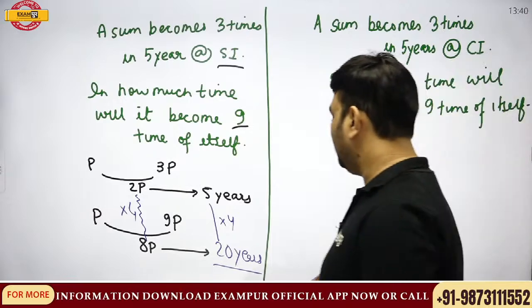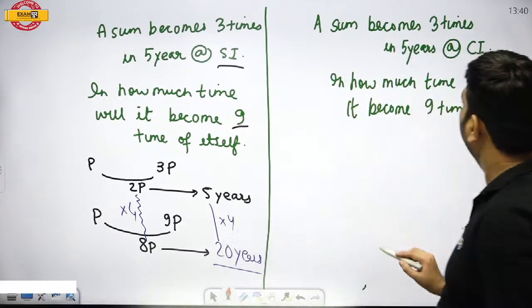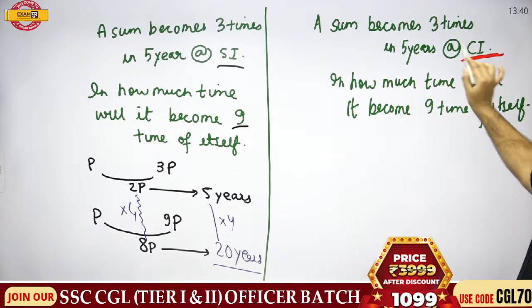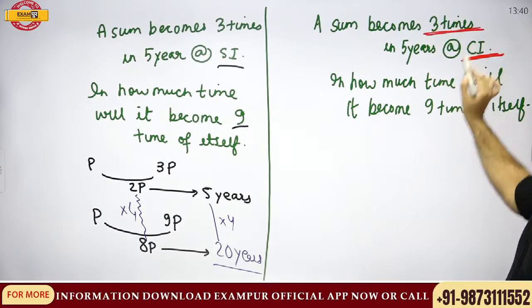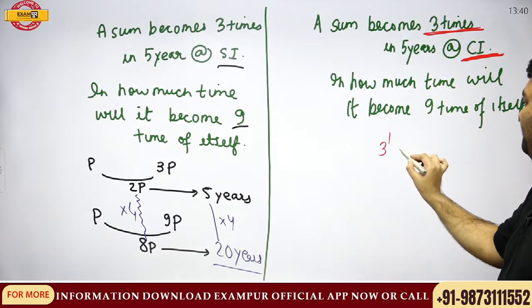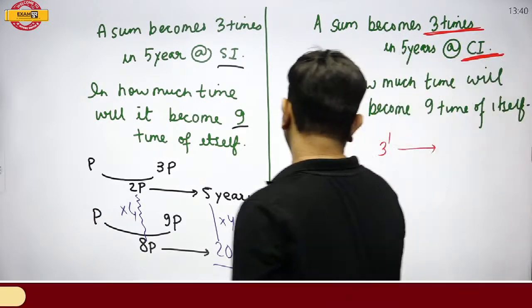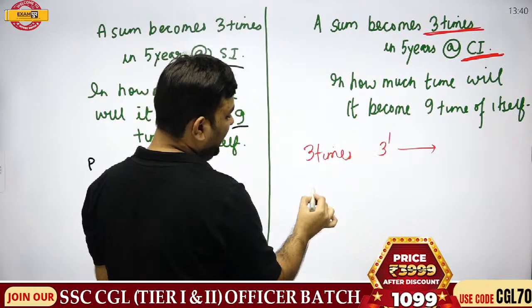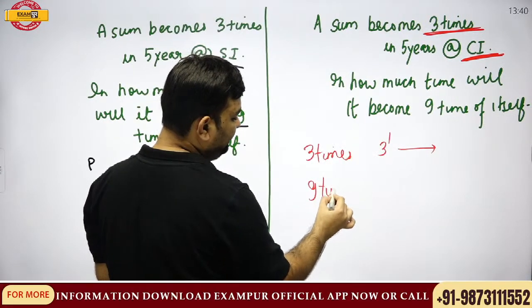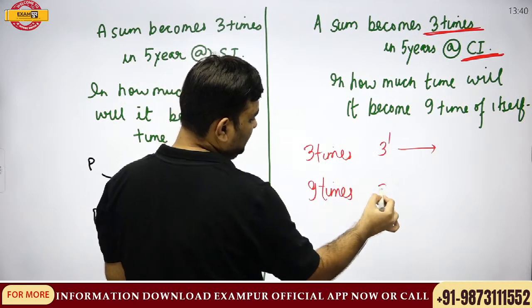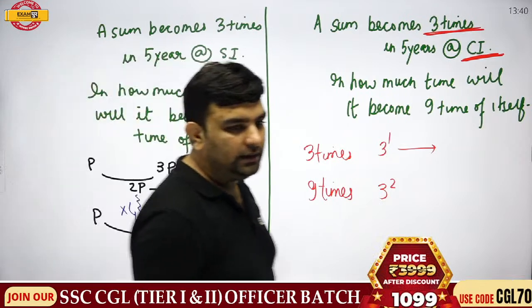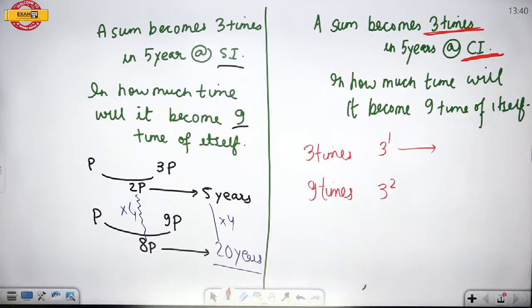Let's see for the second what the way of doing it is. Compound interest. 3 times means 3 to the power 1. Then 9 times means 3 to the power 2. They have to be taken in the same power.